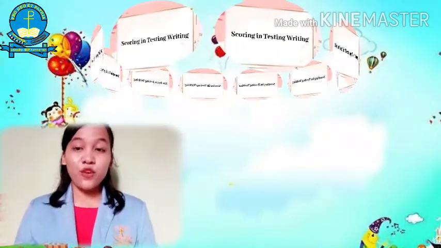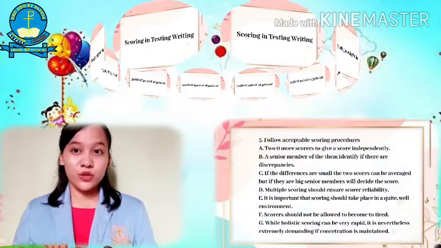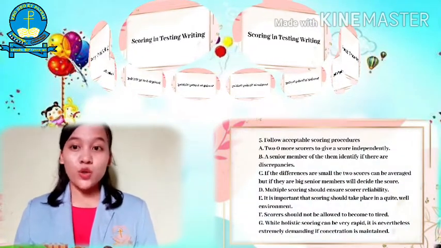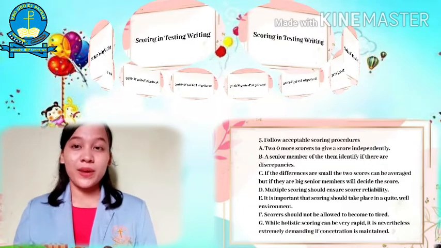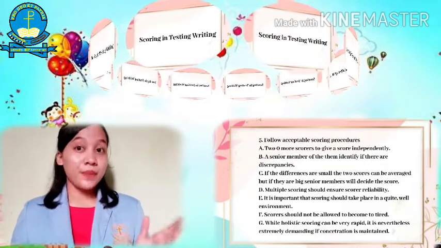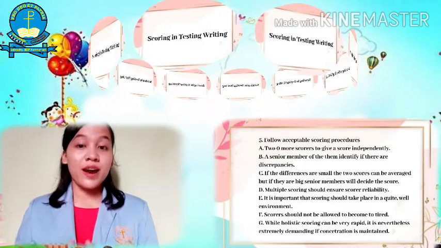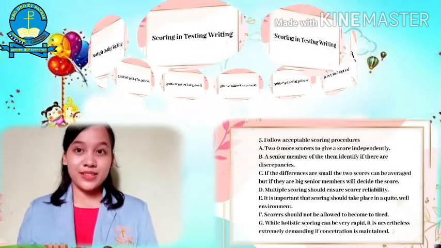The fifth, follow acceptable scoring procedures. A. Two or more scorers give a score independently. B. A senior member of the team identifies if there are discrepancies.